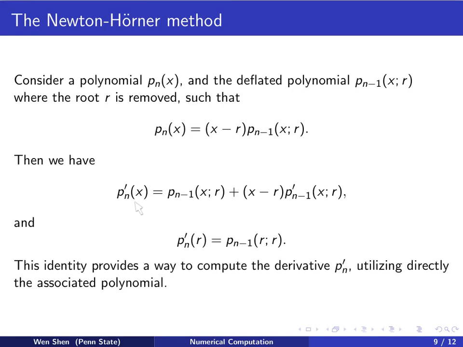If we now set x equal r, Pn derivative evaluated at r, then the second term will be 0, and what we have is exactly the deflated polynomial P_{n-1} evaluated at r. This identity now provides a way to compute the derivatives of Pn utilizing directly the associated deflated polynomial.